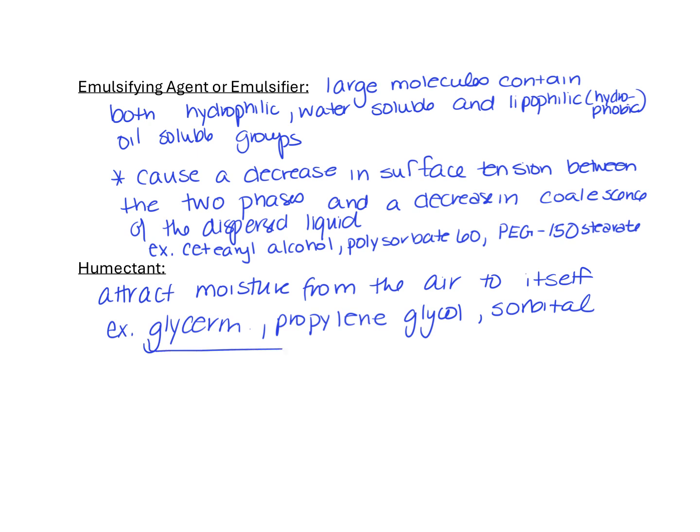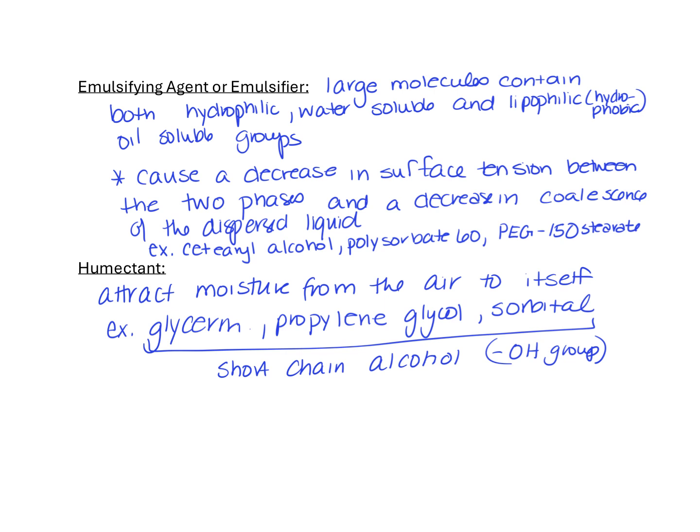All of these, by the way, are short chain alcohols. So an alcohol just has an OH group. And basically the way these work is they hydrogen bond to water. Right? So that's how the humectant works.